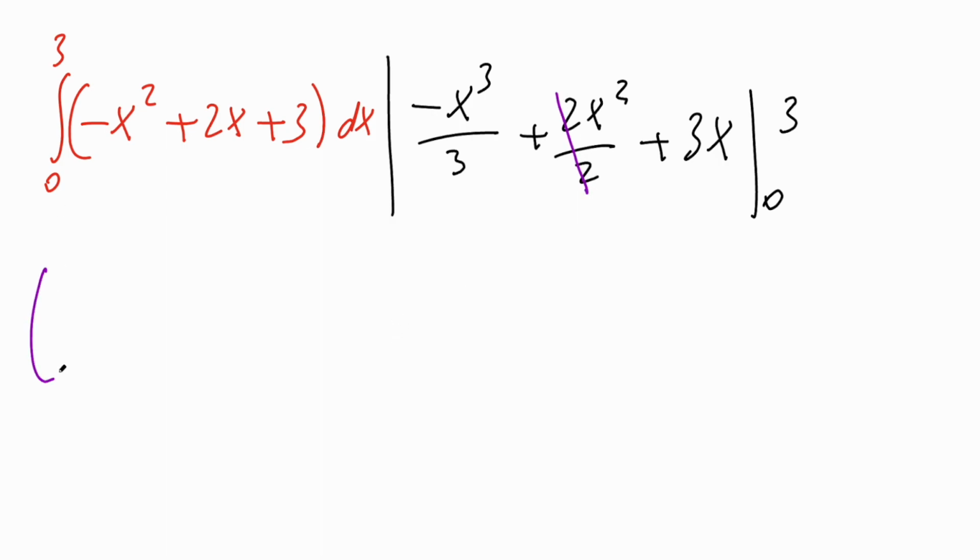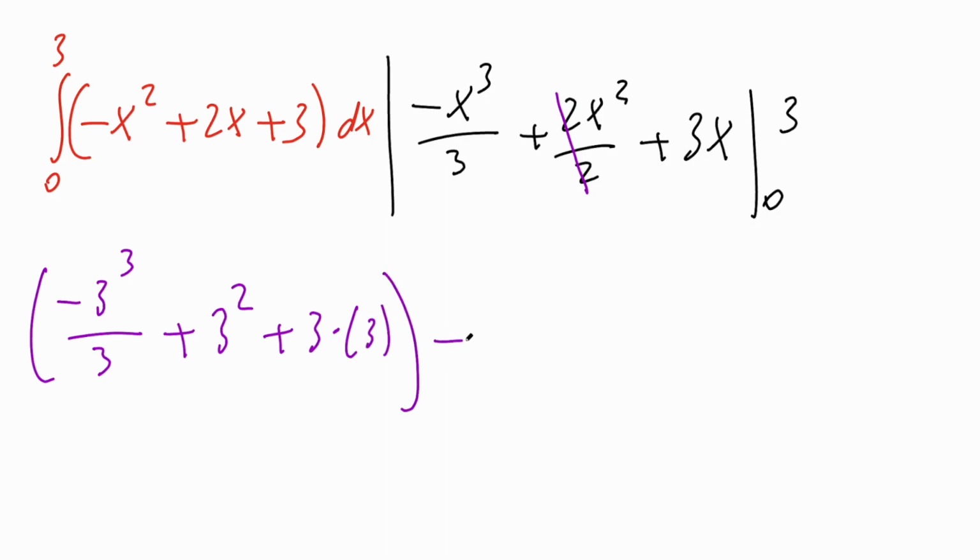Now all we have to do is substitute 3 for x. So we'll have negative 3 cubed divided by 3, plus 3 squared, plus 3 times 3, close parentheses, minus the value at 0. I put a 0 here, here, and here. 0 times any number is still 0, so let's just put a 0.